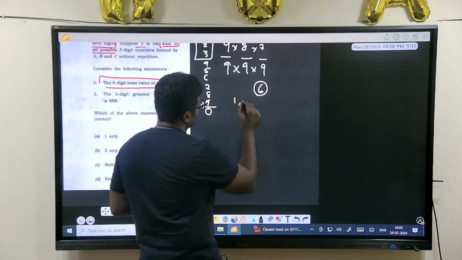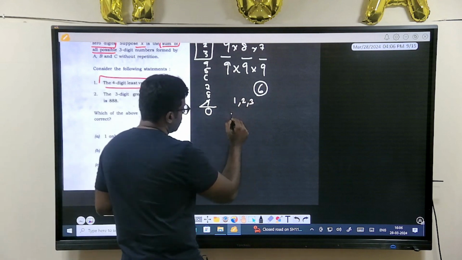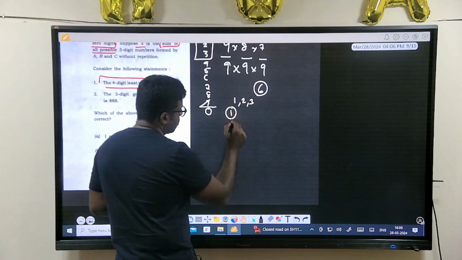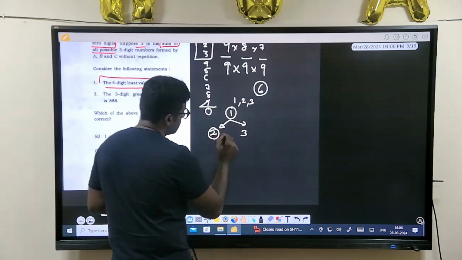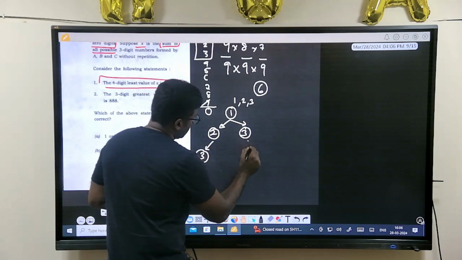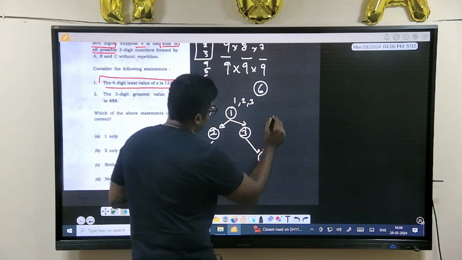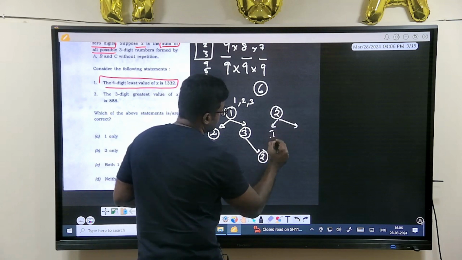Now the numbers that you have to choose are 1, 2, 3. If you choose 1, it can be either 2 or 3. So here 3, here 2. If it is 2, again it can be 1 or 3.